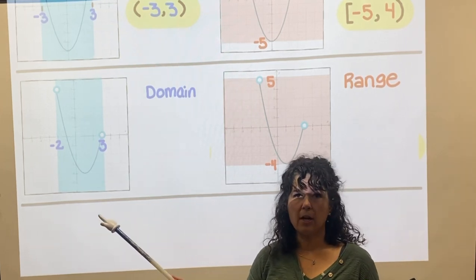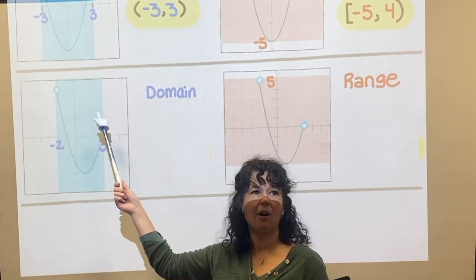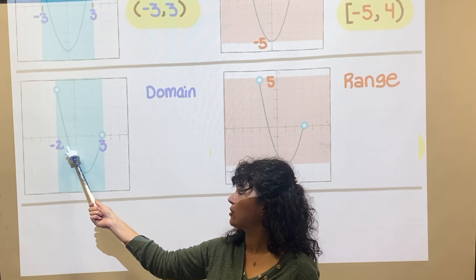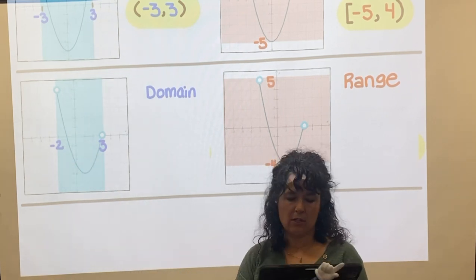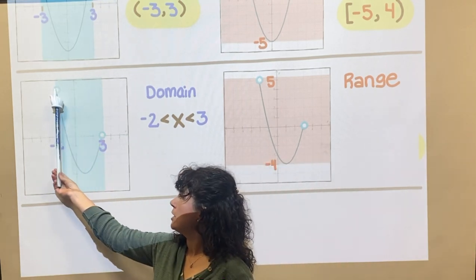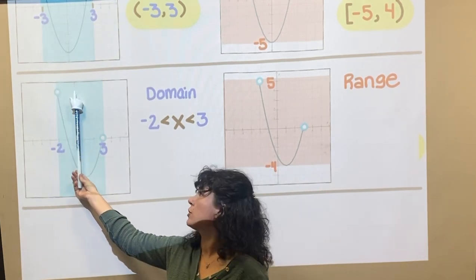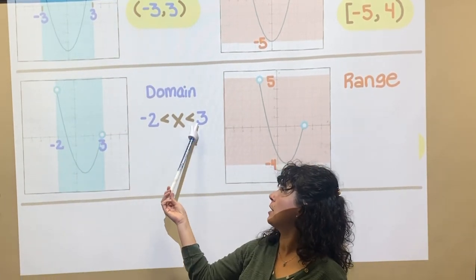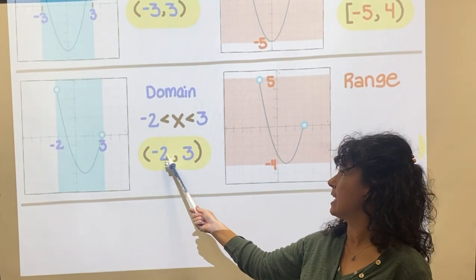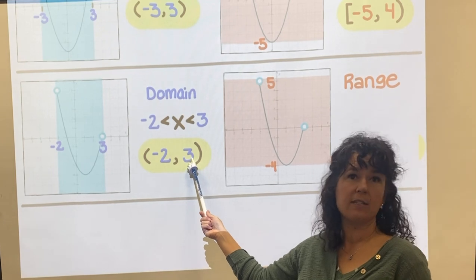Okay, and your thought process should be how far left to how far right. So it's going to be from the x's are between -2 and 3. We don't actually have a point at -2 or at 3, so no underlines. And turning that into interval notation, it's -2 through 3 with parentheses.